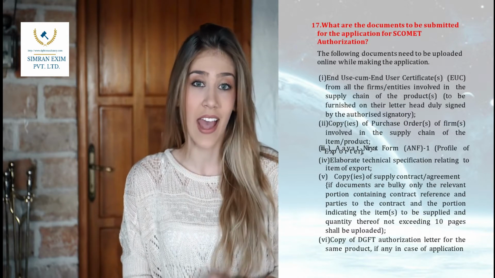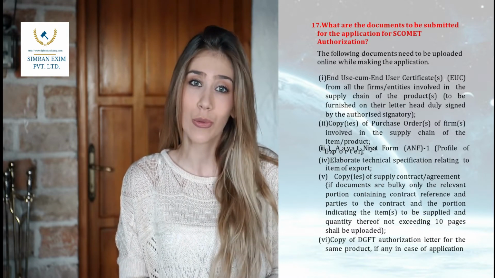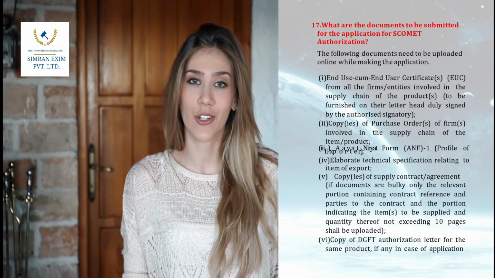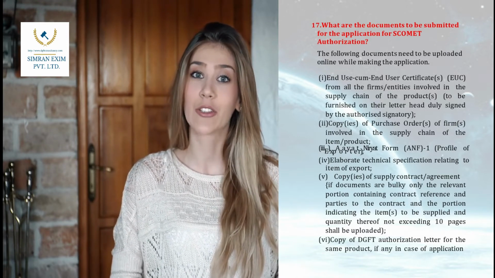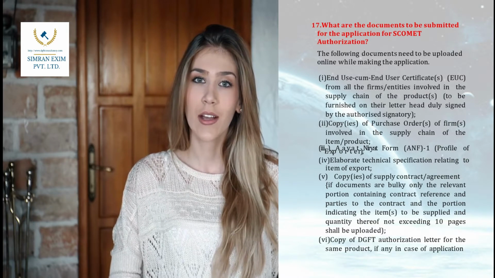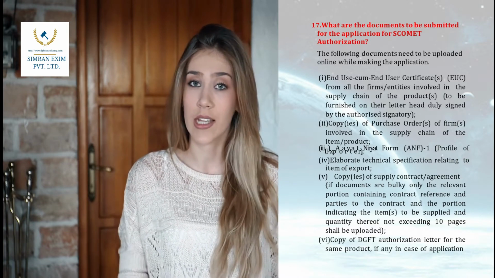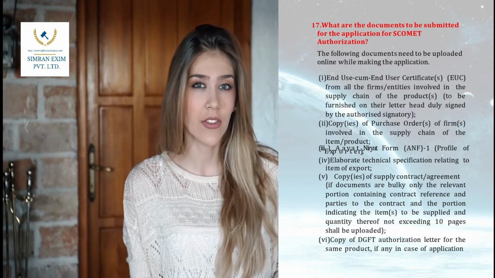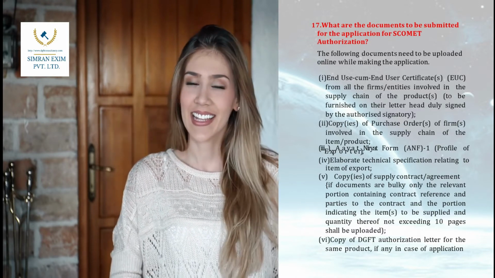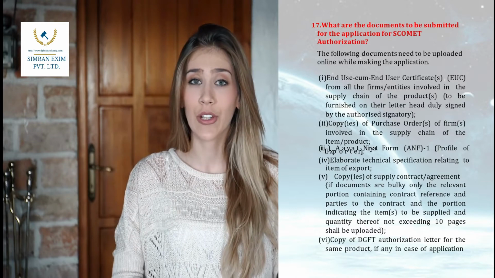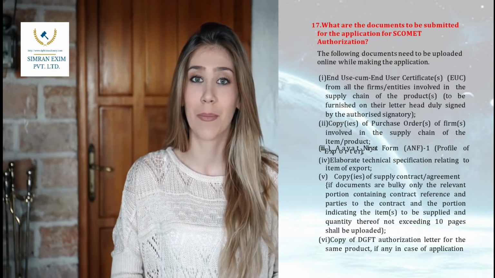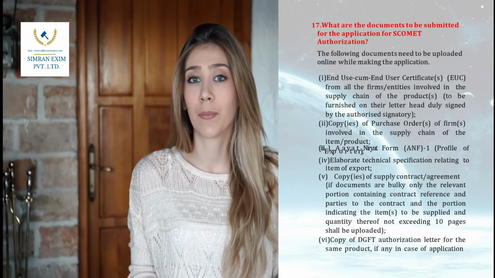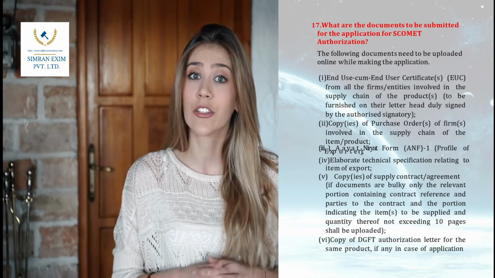17. What are the documents to be submitted for the application for SCOMET authorization? The following documents need to be uploaded online while making the application. 1. End-use/end-user certificates from all the firms and entities involved in the supply chain of the products, to be furnished on their letterhead duly signed by the authorized signatory. 2. Copies of purchase orders of firms involved in the supply chain of the item/product. 3.